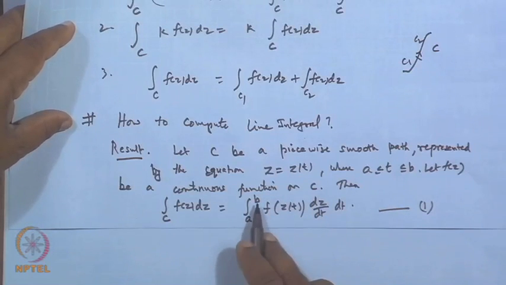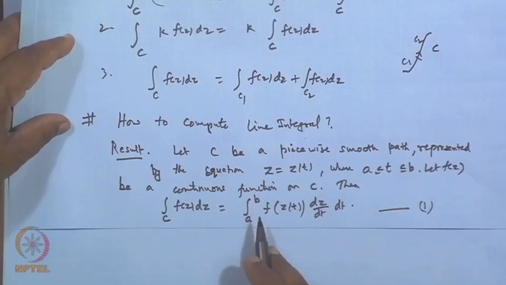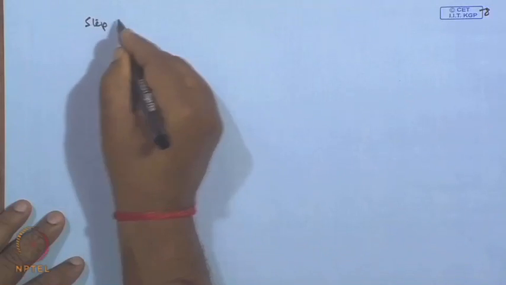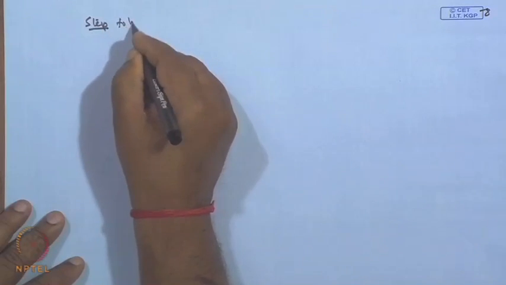That is, t varies from A to B. Once it is there, you can cover the entire path and get it. So, what are the steps to be followed?